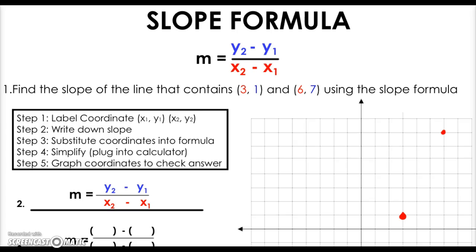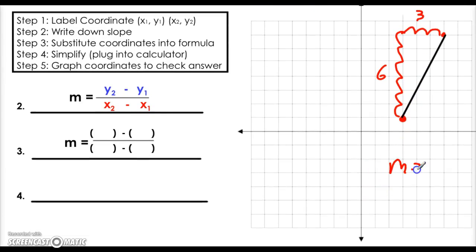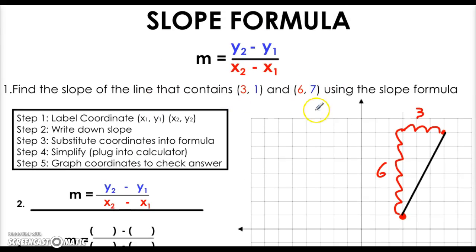Draw our line and just count out our slope. This would be up 6, and then over 3. So here our slope would be 6 over 3, which we always reduce, would just be 2. So that would be our slope of these 2 points.